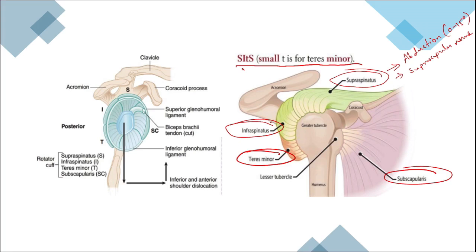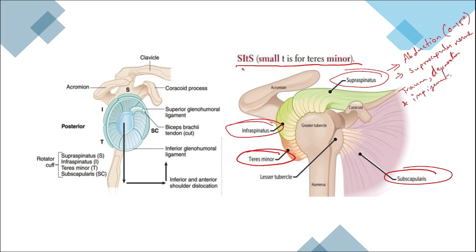Okay, the most common rotatory cuff injury happens in the supraspinatus, and we can see sometimes trauma or degeneration and impingement also.